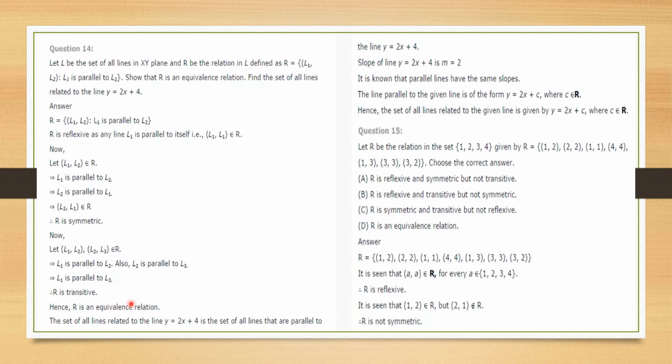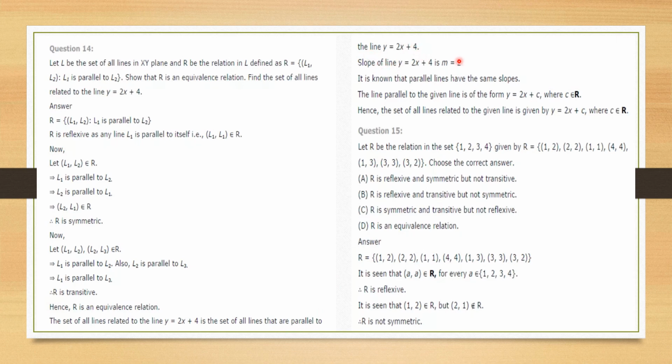Now let us search out all the lines which are related by this parallel nature to the line y equal to 2x plus 4. All the lines which are parallel to this line will be related to it. So what are the conditions for two parallel lines? Parallel lines have equal slopes, and their y-intercepts may be different. So it is the set of all lines that are parallel to the line y equal to 2x plus 4.